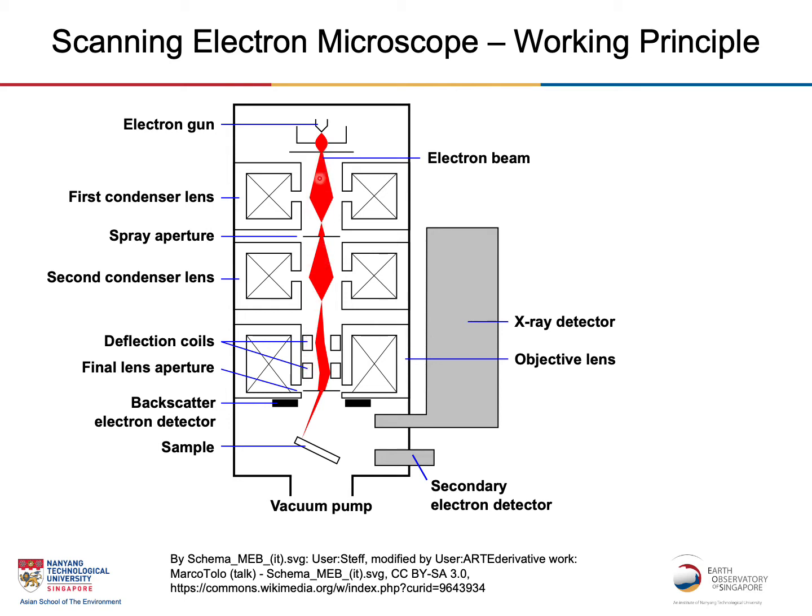Along the way down, it is conditioned by several sets of condenser lens, which is basically a magnetic field coil that introduces a magnetic field to bend the trajectory of the electron.